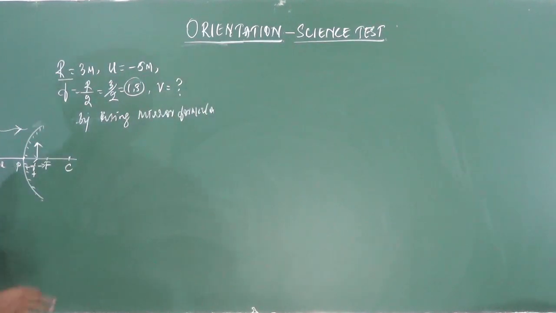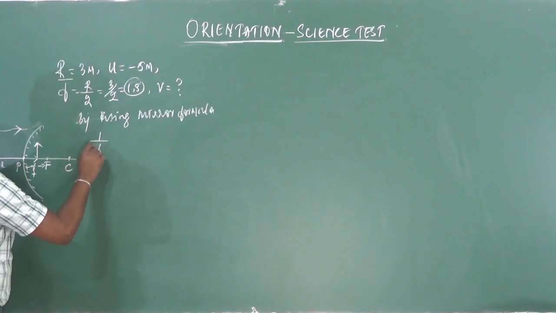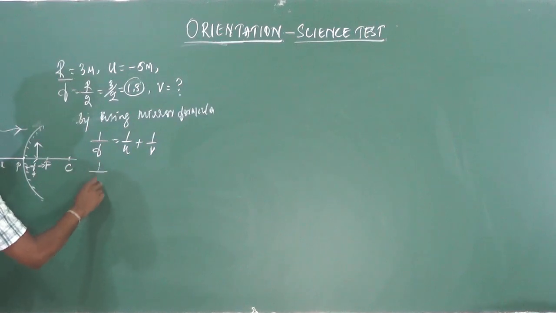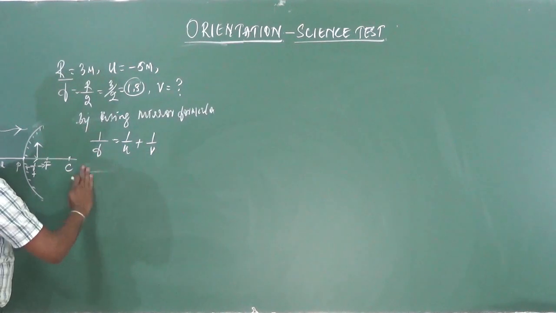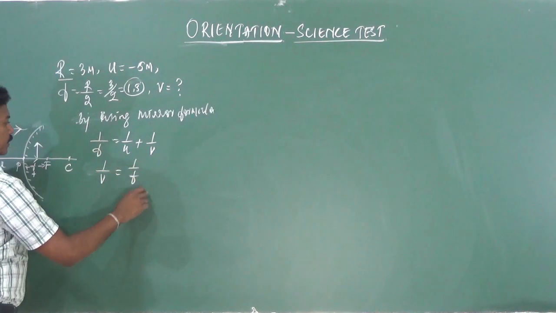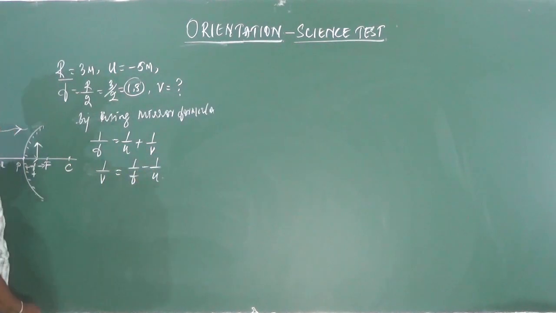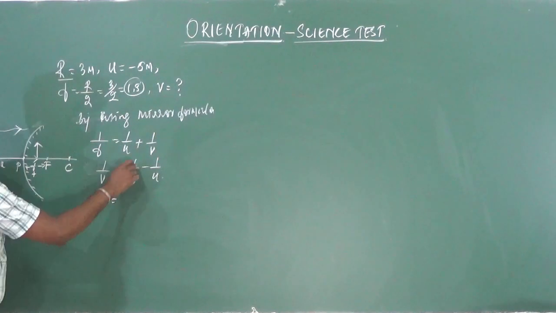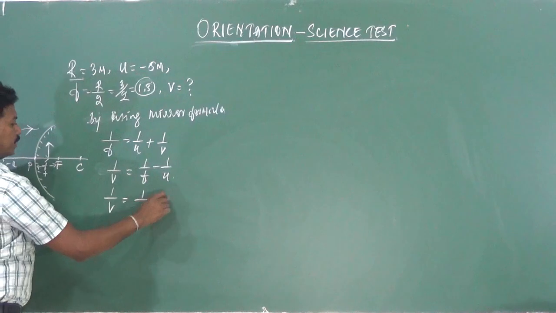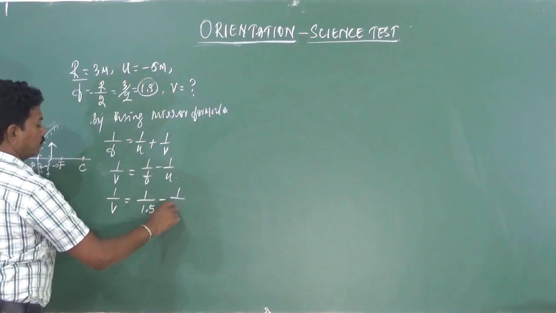That's the importance, right? So 1 by f is equal to 1 by u plus 1 by v. We have to find out the value of v, so we will make it the subject. So 1 by v is equal to 1 by f minus 1 by u. So 1 by v is equal to 1 by f, which is 1 by 1.5, minus 1 by u, which is 1 by minus 5.